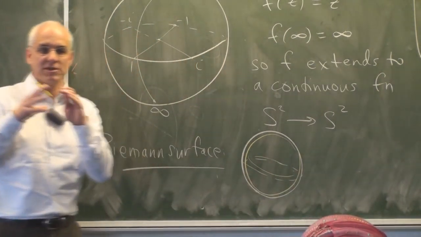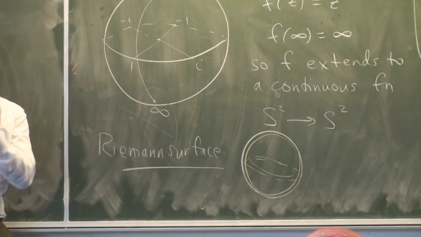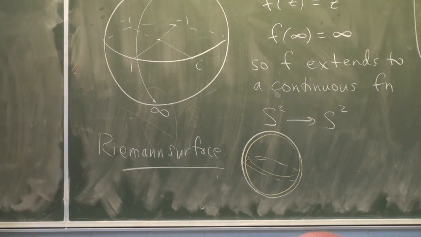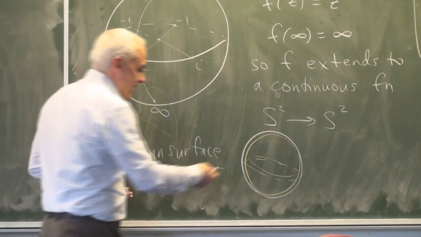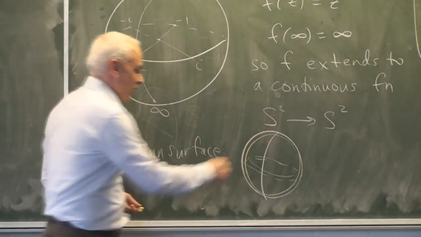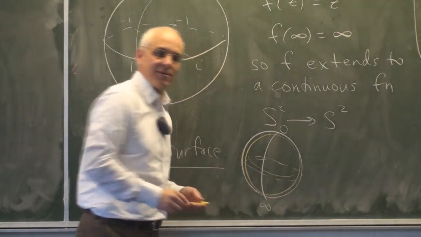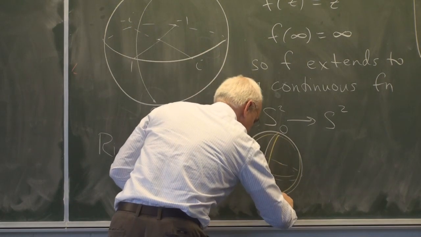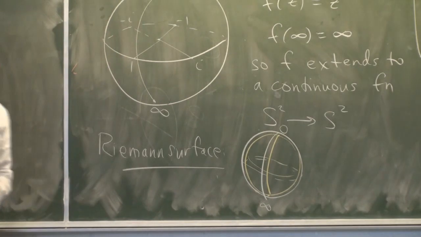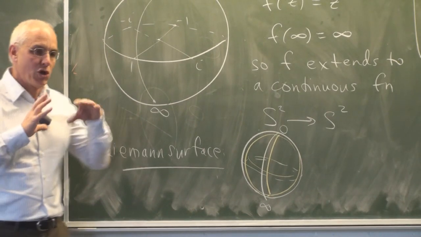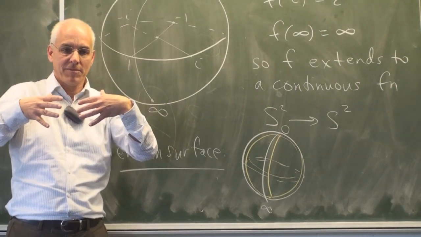So imagine having two copies of the sphere, one in white and one in yellow, but just inside. Now we're going to combine these two by slicing. We slice the white one from 0 to infinity, and we slice the yellow one from 0 to infinity. Then the image can be thought of in terms of gluing these two shells together.